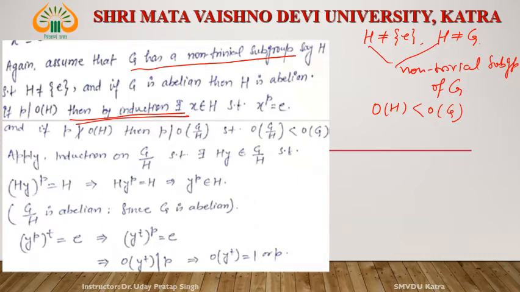Our method of induction says that this result is true, which result? There exists x in G such that x to the power P is identity.